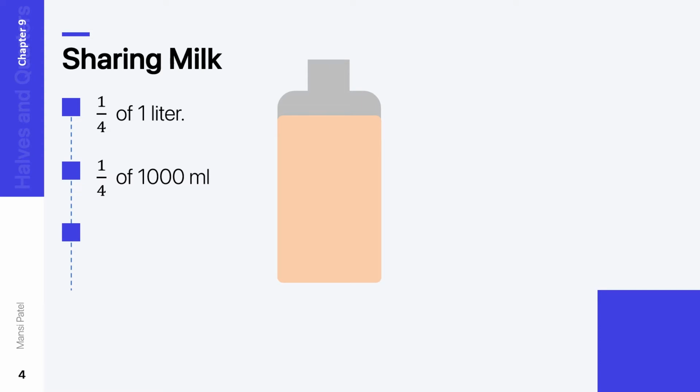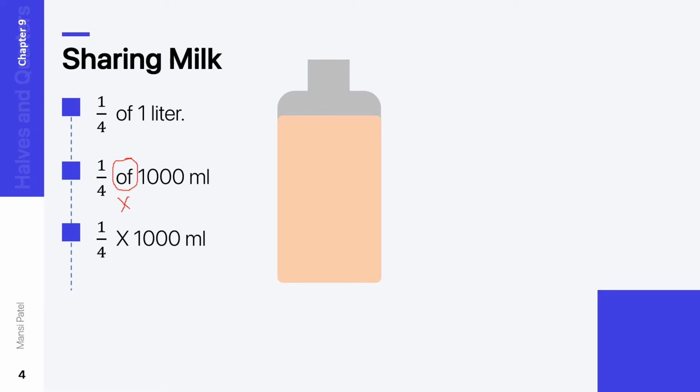You have to just remove this sign of, you have to just remove this 'of', and instead of this 'of', you have to put the sign of multiplication. So we can say 1/4 multiplied by 1000 milliliter.